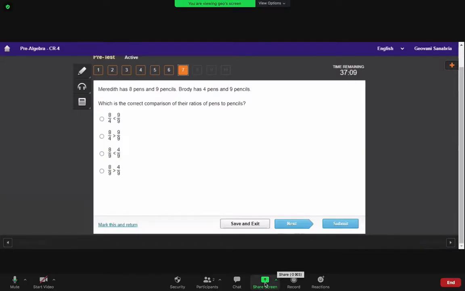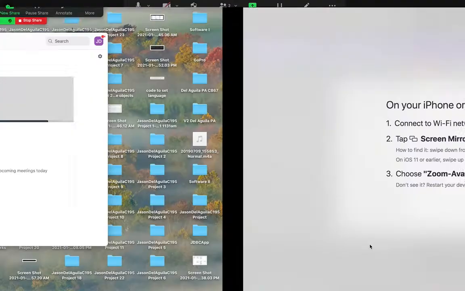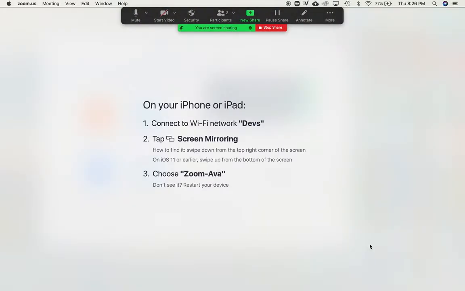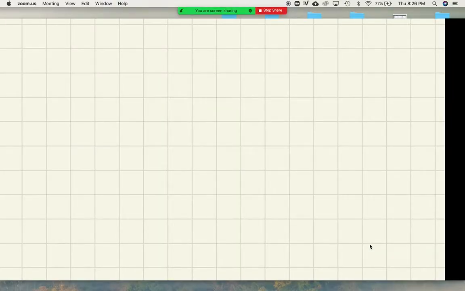Here, let me share real quick. So this one, because it looked like an L, this would be less than. And we always read it from the left side to the right side.